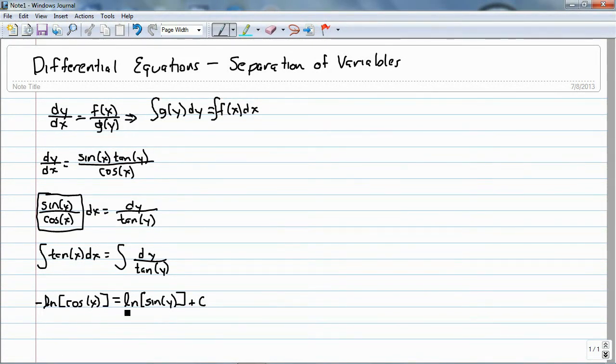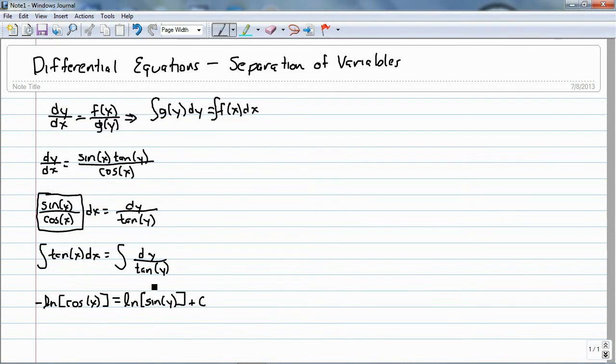Now I should simplify this because I really want to get y in terms of x. So remember the law of logarithms. If I have a negative, that just means that it's the logarithm of the reciprocal.